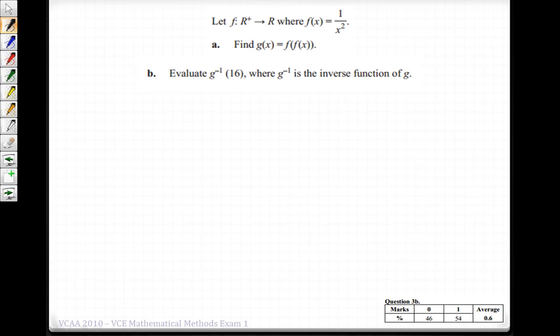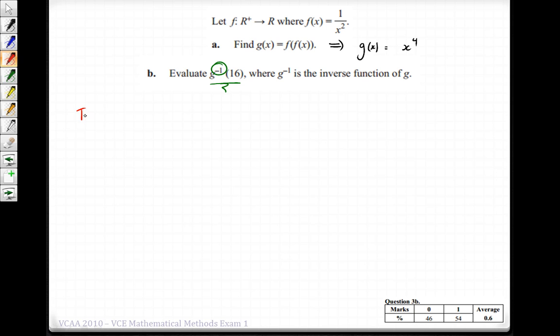Alright, so next up, we're still dealing with this same function, and before we found that g of x equals x to the power 4. So now we want to find the inverse, g to the negative 1 of 16. So how do we go about finding the inverse of a function?